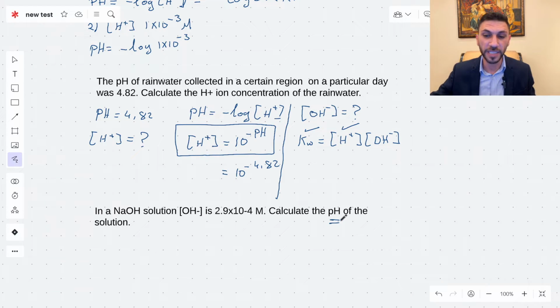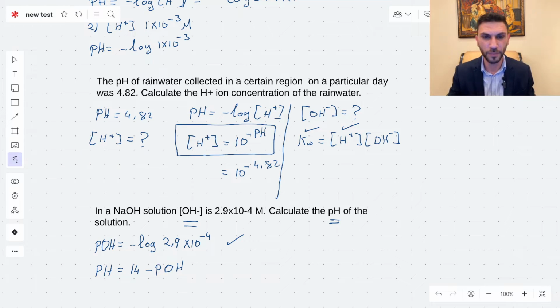Calculate the pH. You have the concentration of OH. Now, from the concentration of OH, we can find the pOH, which equals negative log the concentration of OH negative, which is 2.9 times 10 to the power of negative 4. Now you found the pOH. pH equals 14 minus pOH.